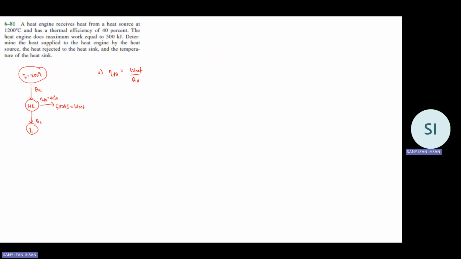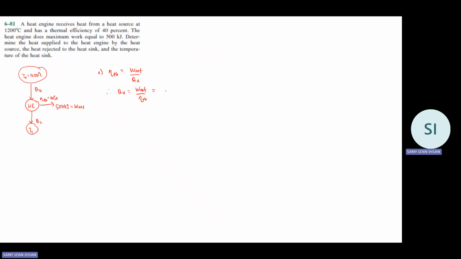The efficiency is the amount of work produced divided by the amount of energy supplied to the heat engine. If we rearrange this, we know the efficiency and the net work, so we need to find QH. QH is nothing but W net divided by the thermal efficiency.